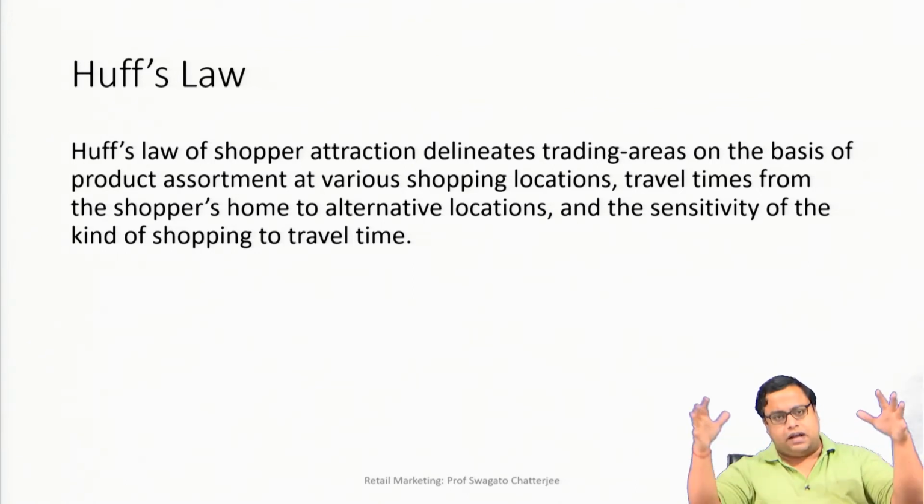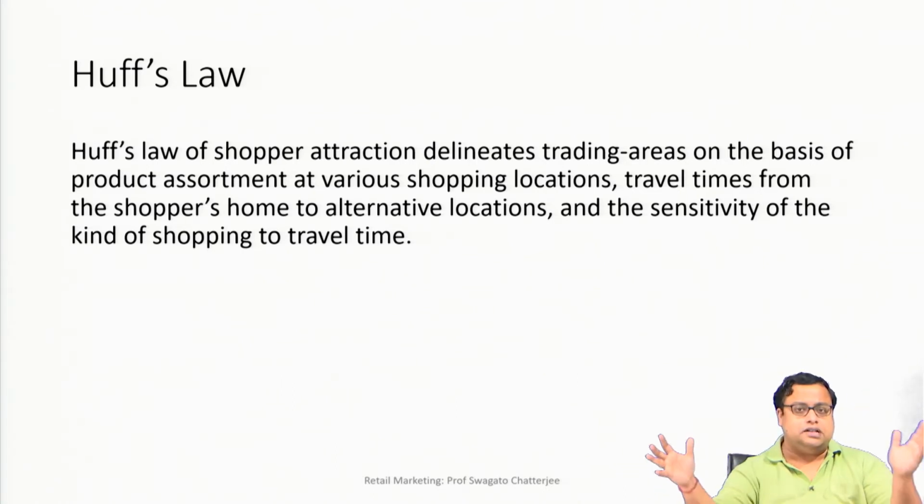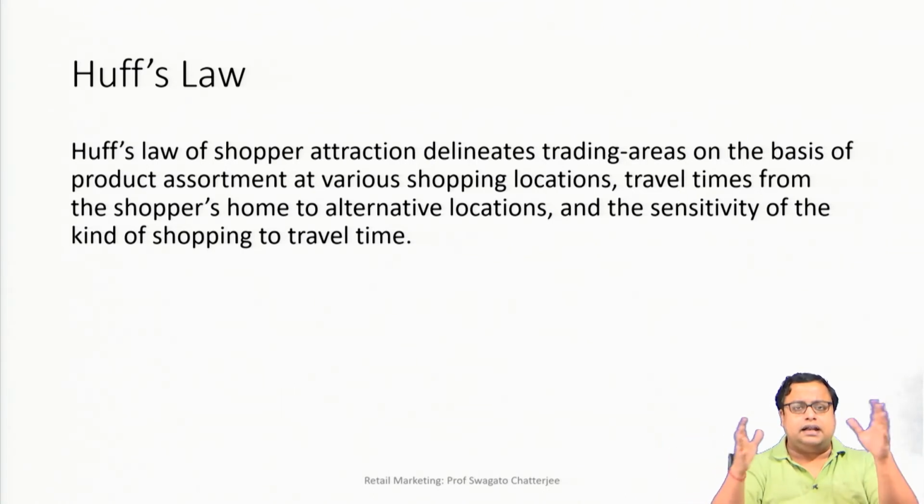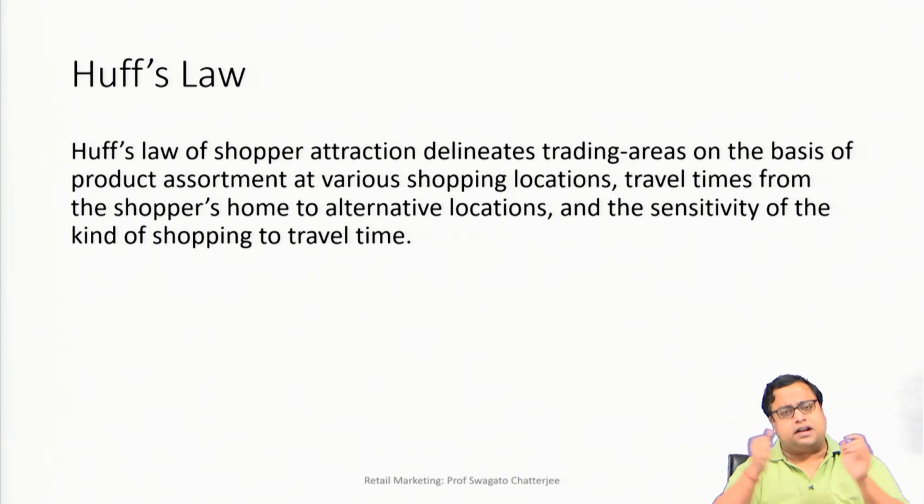Because if it serves a larger area, it will keep lots of different kinds of assortment, and if it creates lots of different kinds of assortment, the attraction of this retail store will be higher. However, the distance is something that I don't like. So, the distance will have a negative impact on that. Even here we are not thinking about congestion and so on.